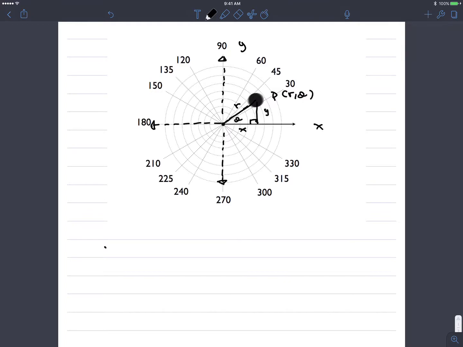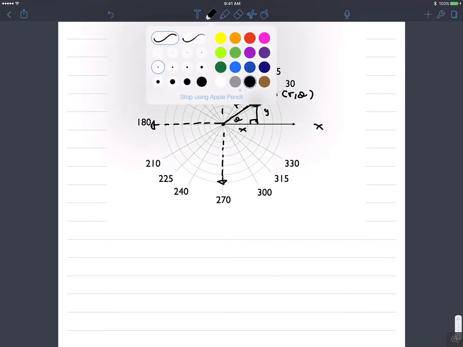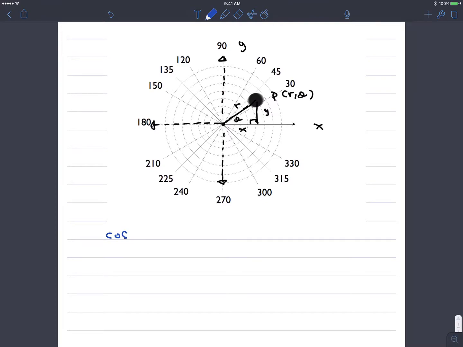Okay, tell me if you guys agree with this statement here. Let me write this down. What I know is simply that cosine of theta, what's this defined to be? Anybody know what the definition of cosine is? Isn't that adjacent over, which really means x over what, r?